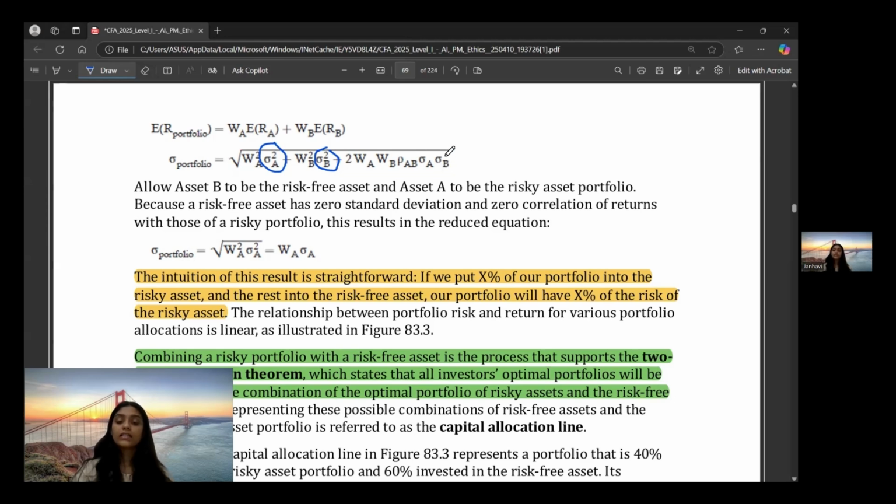Now we'll suppose that asset A is a risky asset and asset B is a risk-free asset. So standard deviation for B will be 0. So this entire part, if multiplied by 0, will be 0, basic mathematics. And again here, even this part of the equation will be 0. So the only part remaining will be this. Because it is a risky asset, there will be standard deviation of that asset.